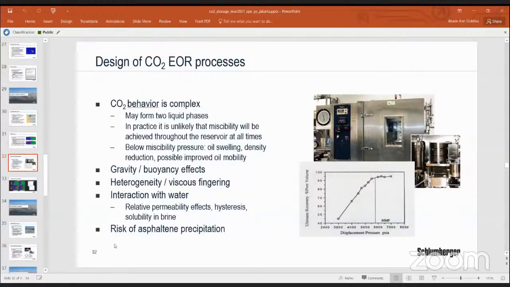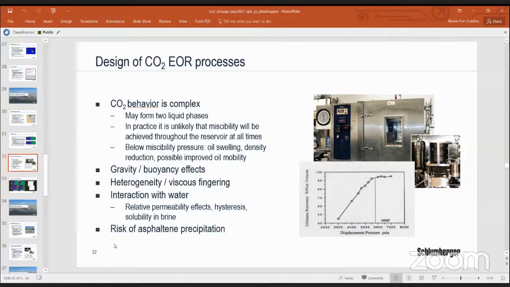It's also worth mentioning what's involved in designing CO2 EOR processes and the kind of studies that need to be done. Similar studies are also required for CO2 storage. So I've already mentioned that CO2 behaviour is complex. It can form two liquid phases.